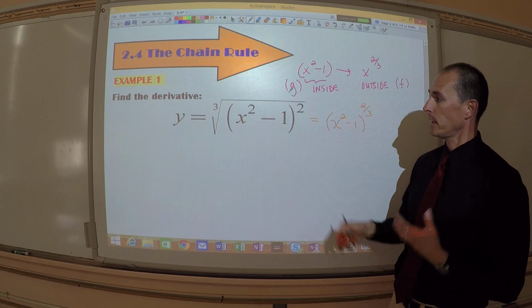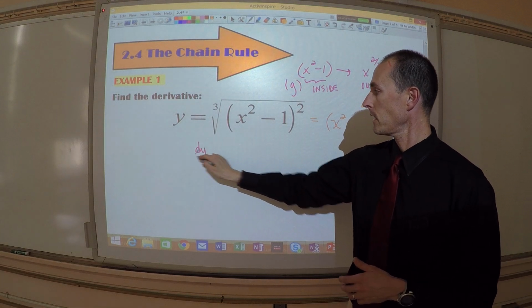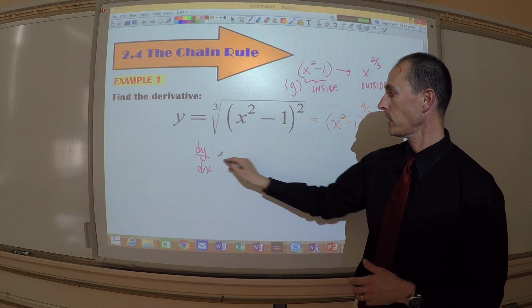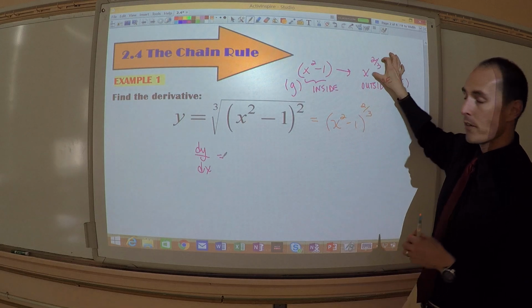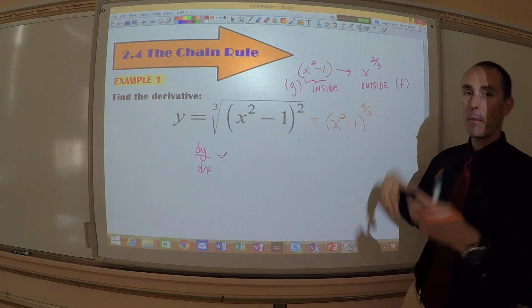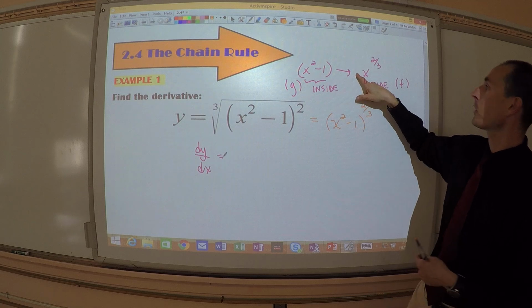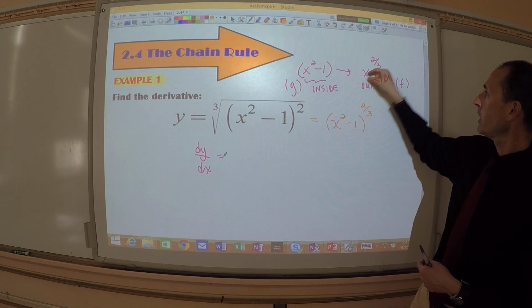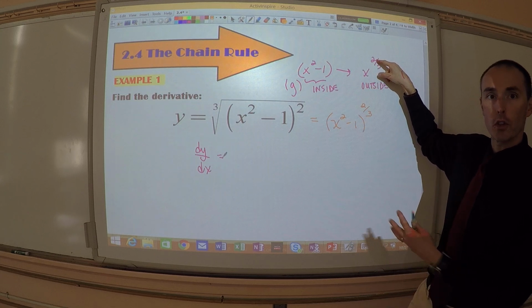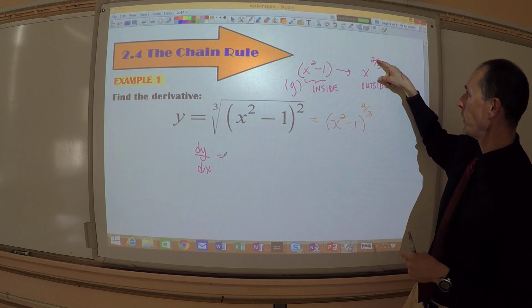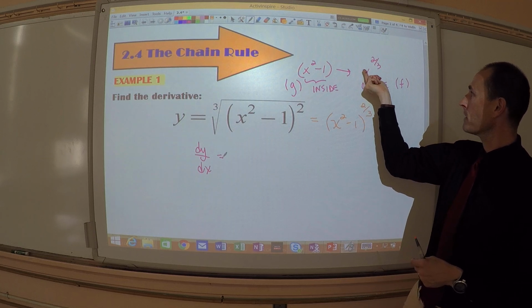So the way this works is take the derivative of y with respect to x. We're going to take the derivative of the outside function, which means we need to apply the power rule. So we would bring that 2/3 down, x to the 1 less power, so 2/3 minus 1, and that'd be negative 1/3. Now here's what we need to understand though. That was never really a part of it.